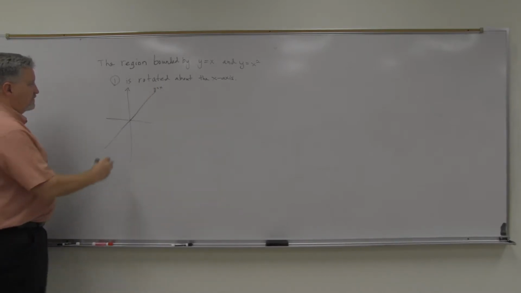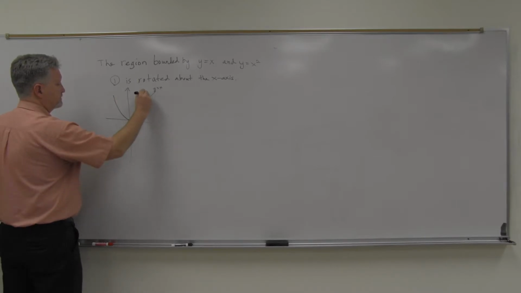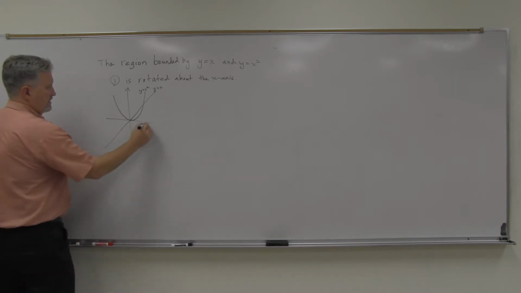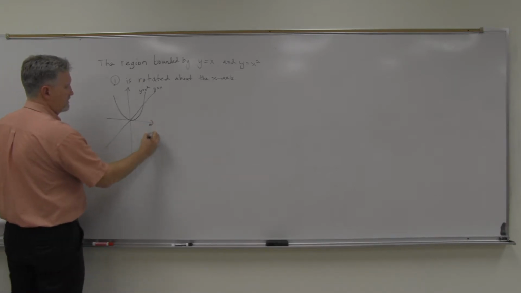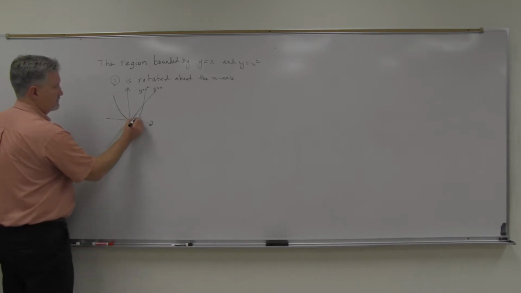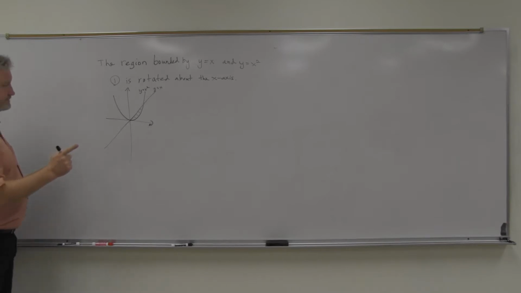And then of course y equals x squared, our little parabola here, like that. And I'm going to rotate it about the x-axis. So this little piece right here, rotating that about the x-axis.